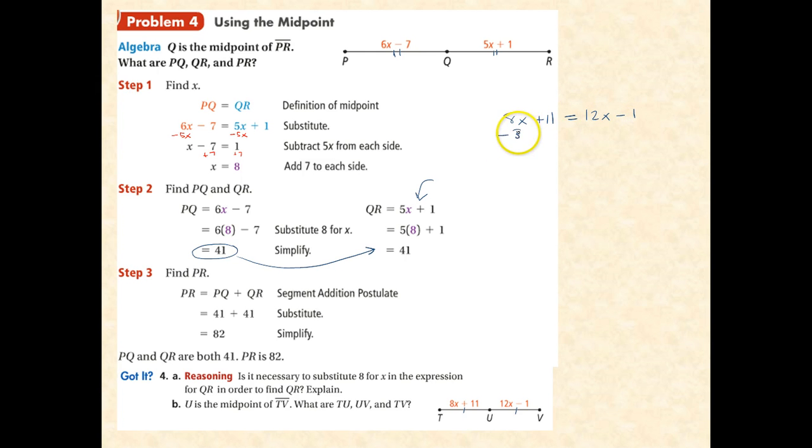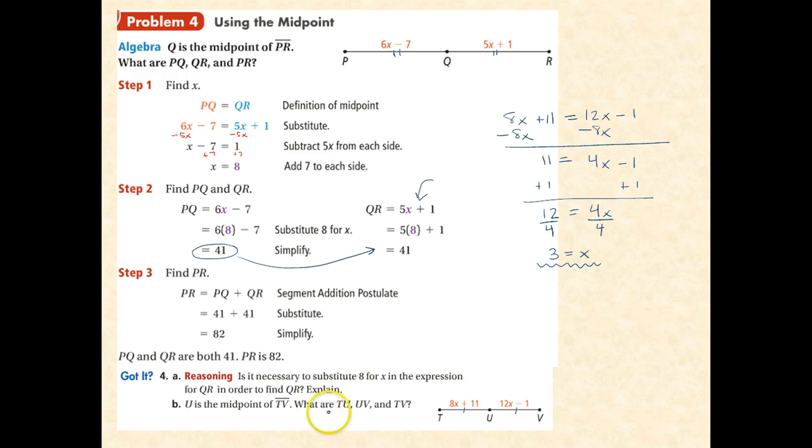I'm going to subtract the 8x's off of this side, so that I have 11 equals 12 minus 8 is 4, so 4x minus 1. Then I'm going to add 1 to each side, and I get 4x equals 12. Look, life's getting easier. We just need to divide both sides by 4, and then we know that x equals 3.